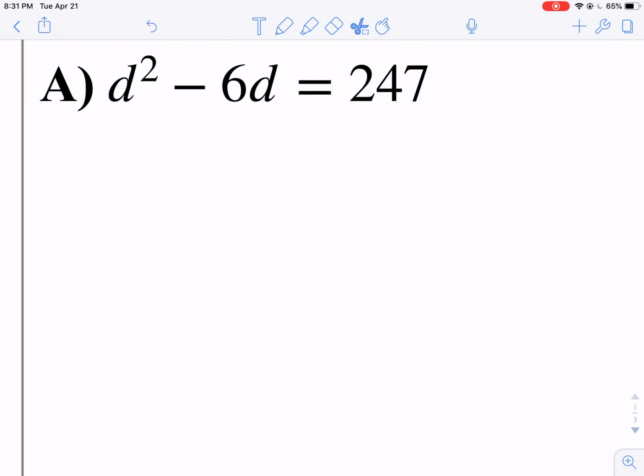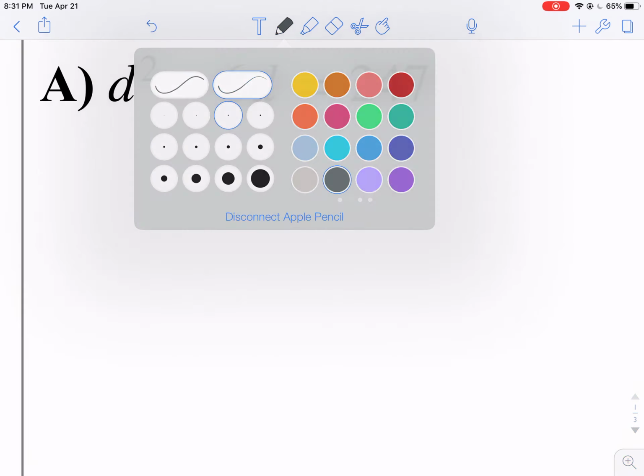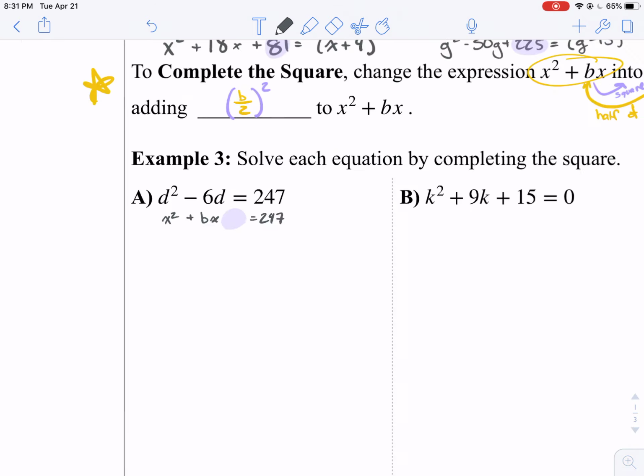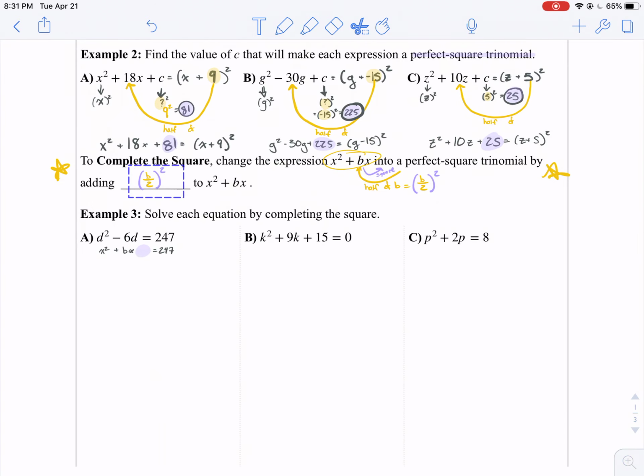So here in A, we have d squared minus 6d equals 247. And this does follow our pattern of x squared plus bx. We want to figure out, okay, what do we need to add here to make this a perfect square trinomial? Well, let's use our shortcut. In fact, I'm going to copy it because we'll use it a lot today.